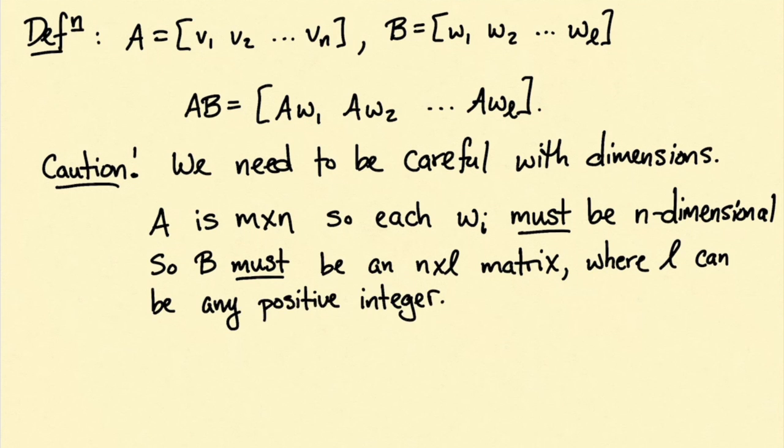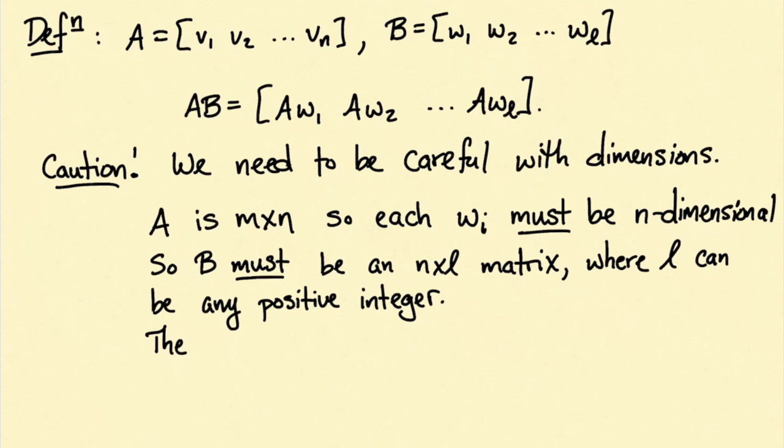We remember that when we take a linear combination of m-dimensional vectors, we always get an m-dimensional vector. That means that each of the columns, A times Wi, is also an m-dimensional vector.